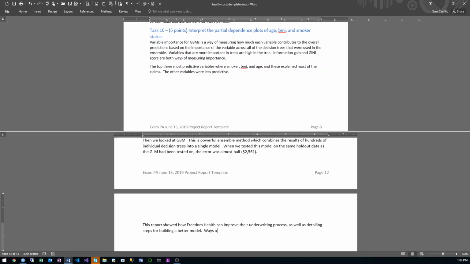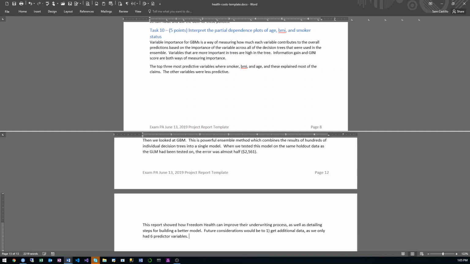Ways of improving, I'll say future research, future considerations would be to, one, get additional data, as we only had 6 predictor variables.